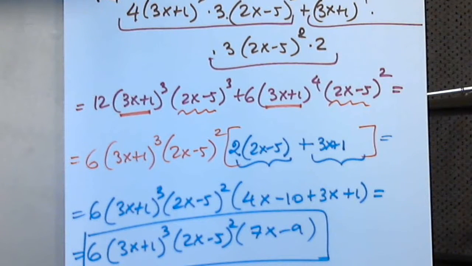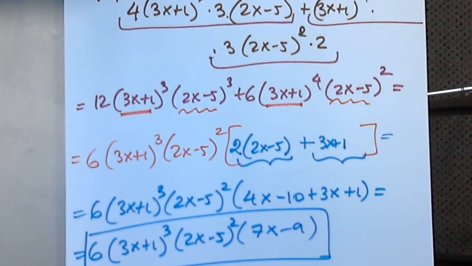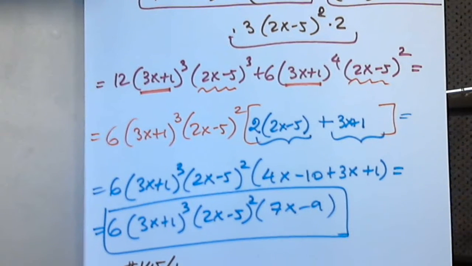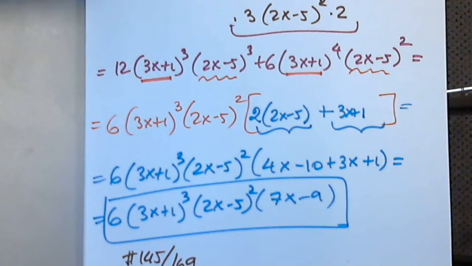So let's choose a word problem. I have my book here on page 145. The length of a rectangular sign is 3 feet longer than the width.